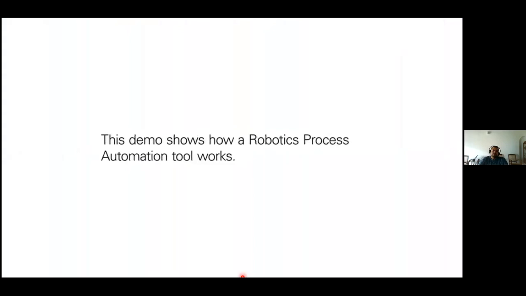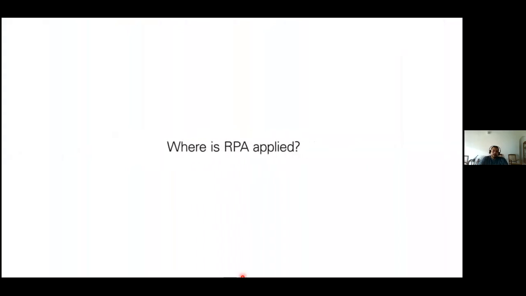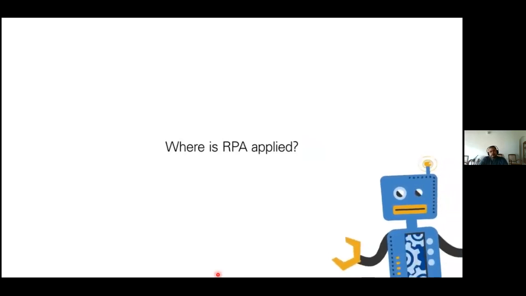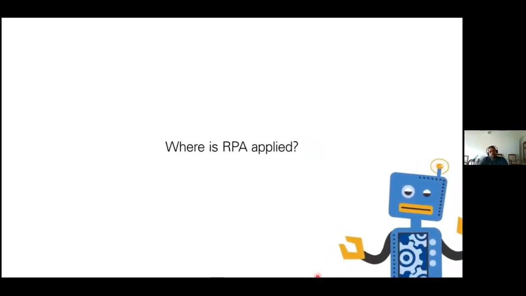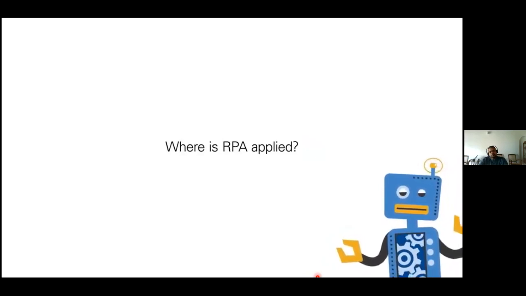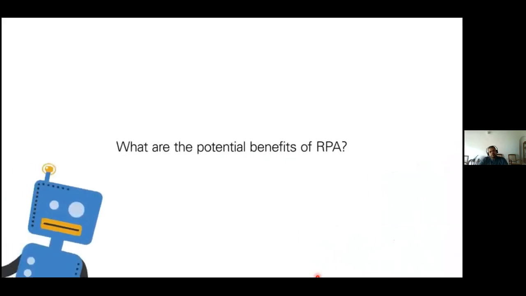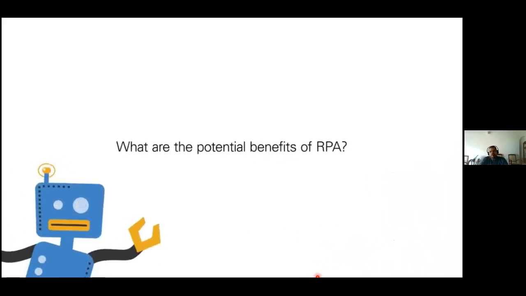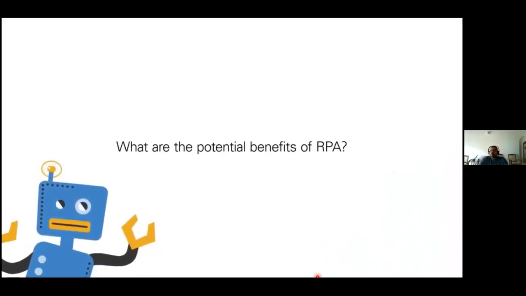This demo shows how an RPA tool works. RPA can be applied for the automation of transactional rules-based tasks where structured data and clear predefined rules and parameters are used. The solutions are easily and quickly designed, tested, and implemented.